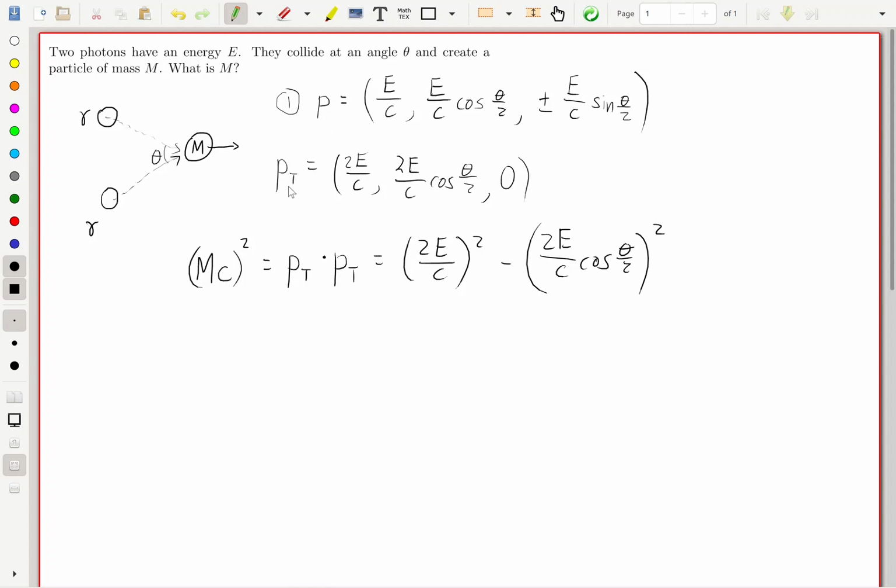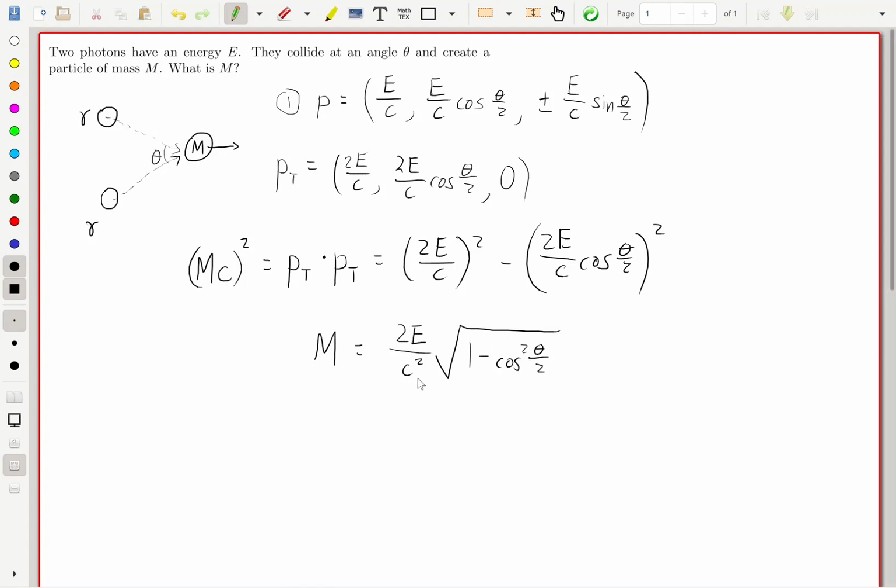Now we just have to isolate and solve for m. Isolating for m and taking the square root of both sides, we get 2E over c squared times the square root of 1 minus cosine squared of theta over 2.